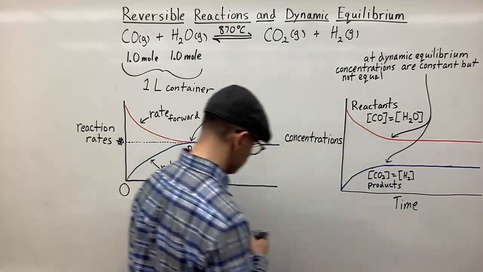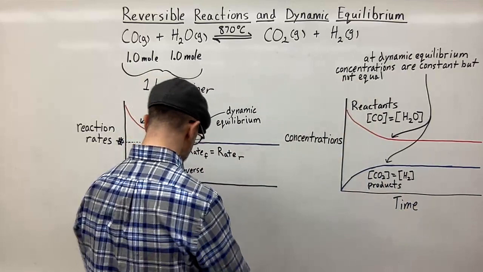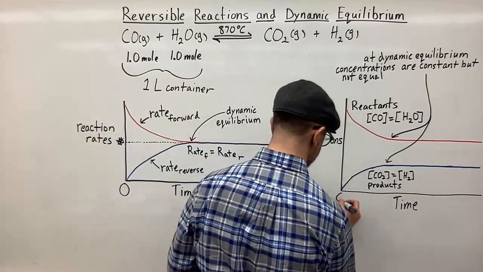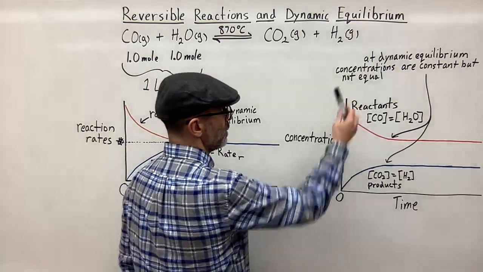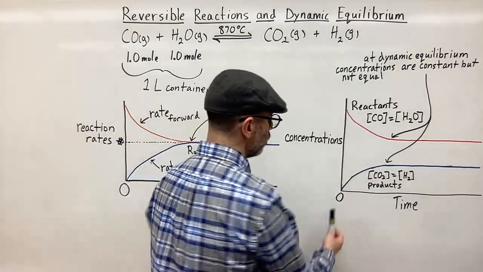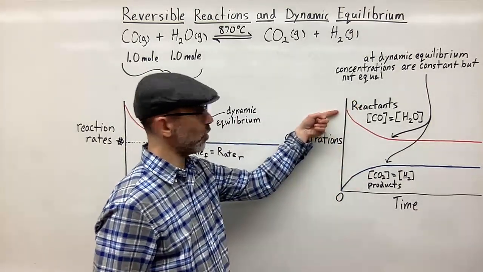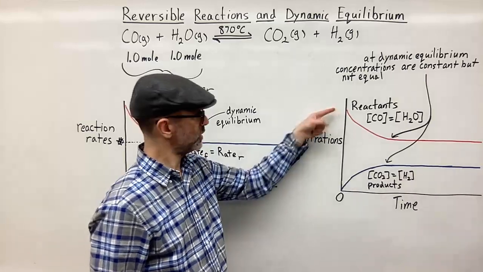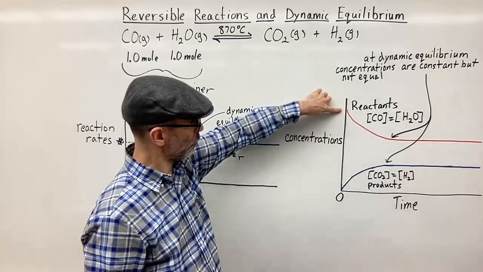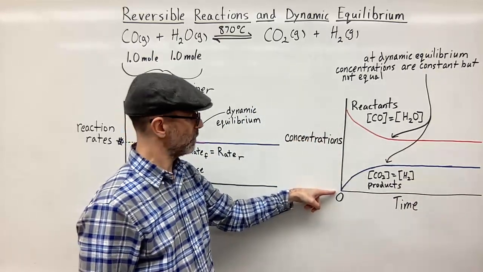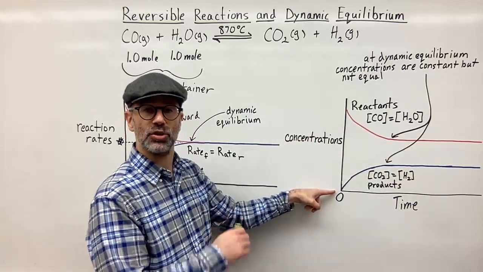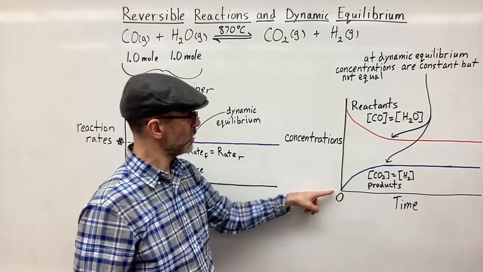There we go. And we'll mark this as a 0 point here. So you'll see here again, at time 0, we start with all reactants. So we have this amount of reactants, and we have 0 products for concentration. So at that time 0, no reactions have occurred.